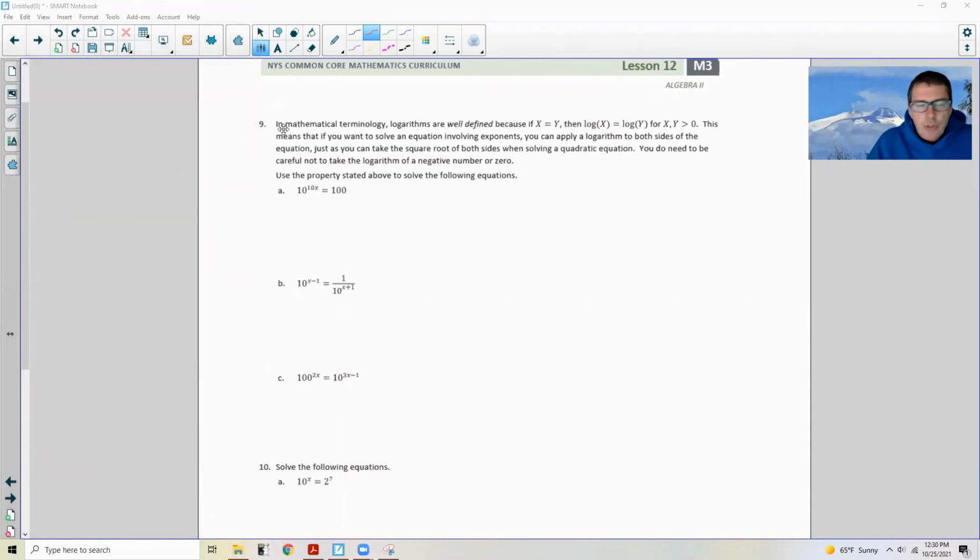All right, so with that in mind, if we're given an equation like this, 10 to the power of 10x equals 100, we want to know what x is. All we have to do is take the log of both sides. So we would do the log of 10 to the power of 10x equals the log of 100.